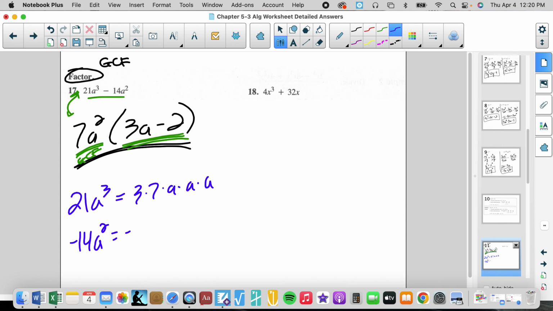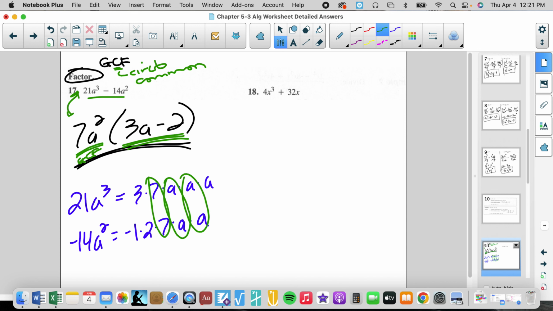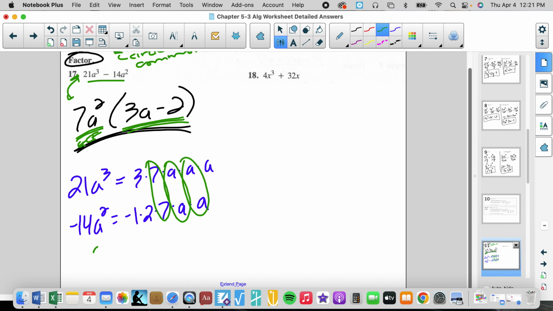Negative 14 is negative 1 times 2 times 7 times a times a. So GCF is circle the common. So if we circle what they have in common, they have a 7 in common, they have an a in common, and an a in common. So my GCF is going to be 7a squared, and that's how I got 7a squared up here.